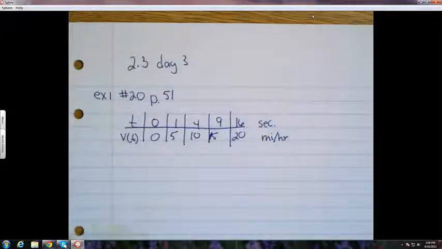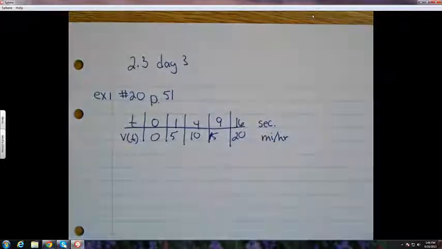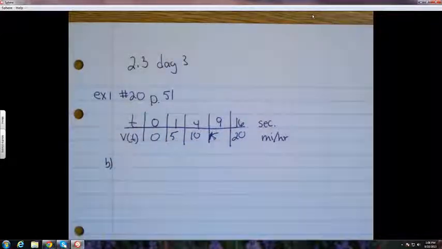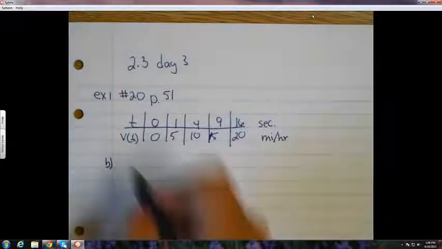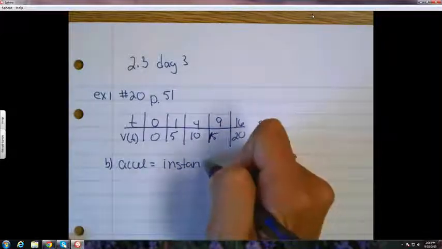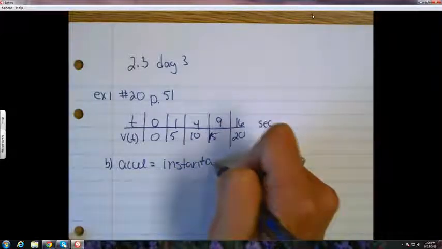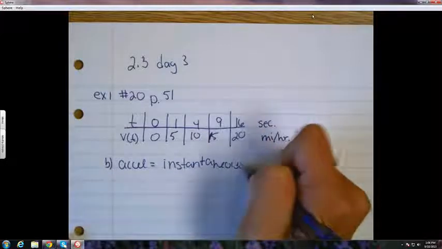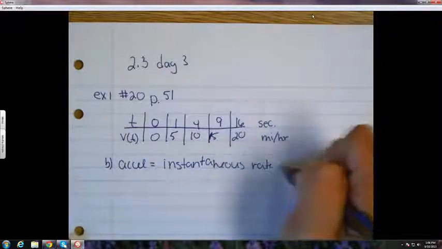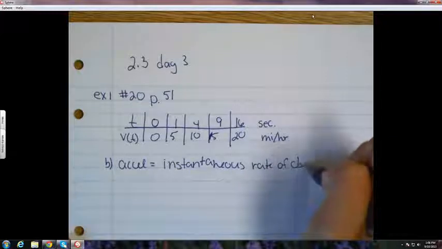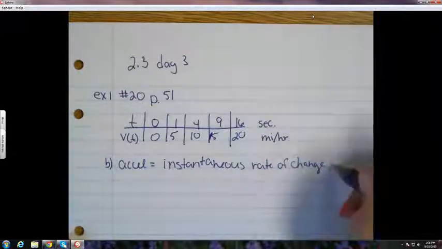So the first part of this problem, part B, actually explains: the truck's acceleration is the instantaneous rate of change of velocity.